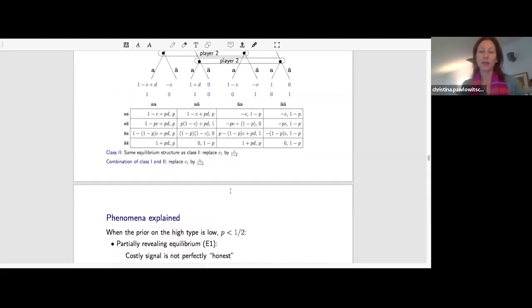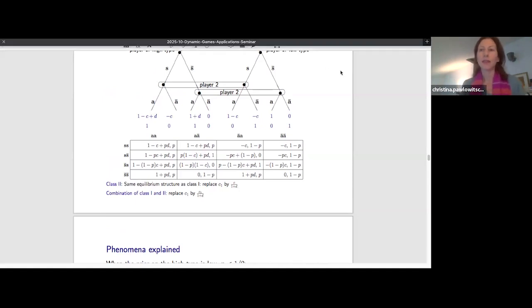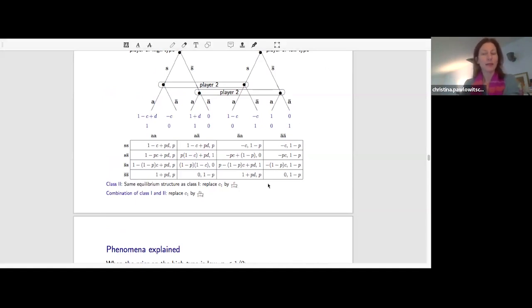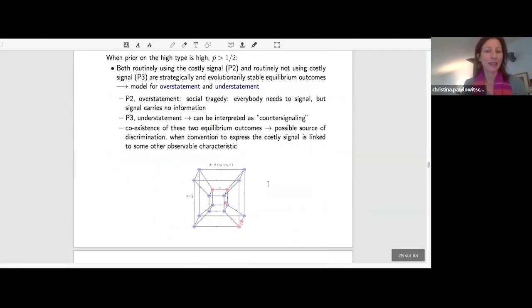There is a simple parameter transformation, actually it's written here: if we replace c1 by c over 1 plus d, then in the calculations for the equilibria, we get exactly the same equilibrium structure. And not only the same equilibrium structure, but the dynamics will also have exactly the same qualitative properties.